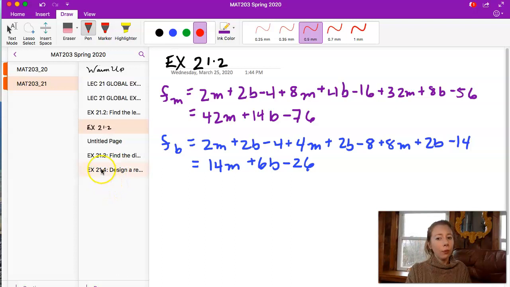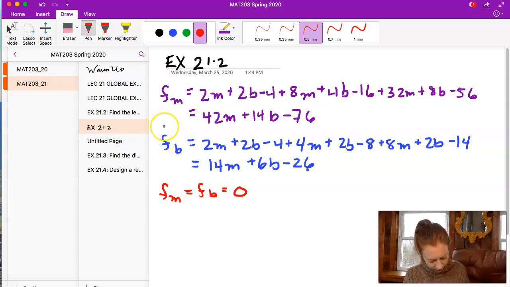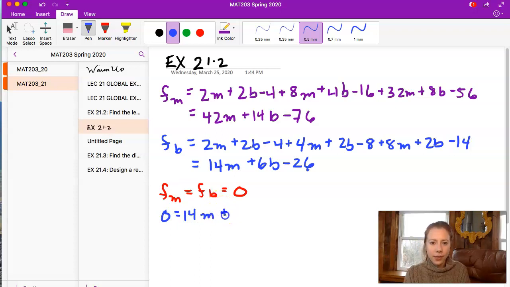So what we need to do is we need to find the critical points. And so the critical points occur when our first order partials are 0. Okay. And so setting fm equal to 0, for example. Actually, let's start with setting fb equal to 0. So we end up with 0 is equal to 14m plus 6b minus 26.